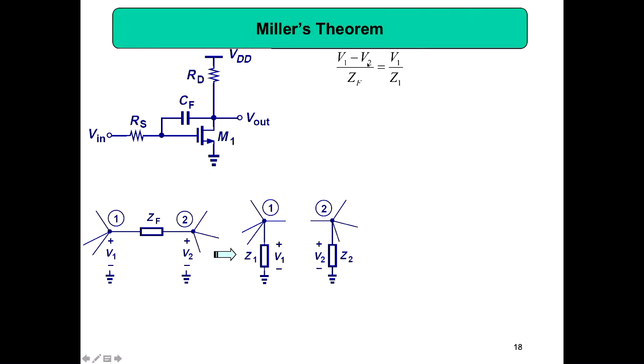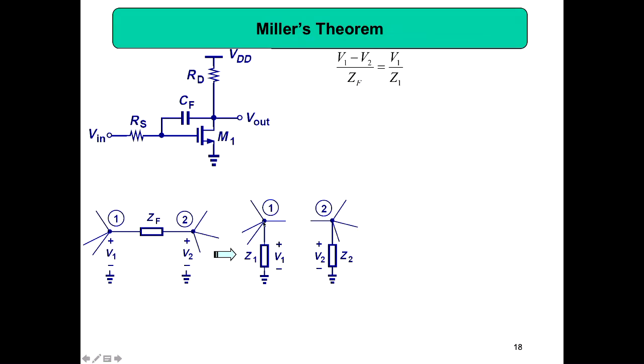So V1 minus V2, because current is flowing from here. This is the higher potential, V1, going to V2, because here you are connecting the signal. So (V1 minus V2) by ZF is the current flowing through this.